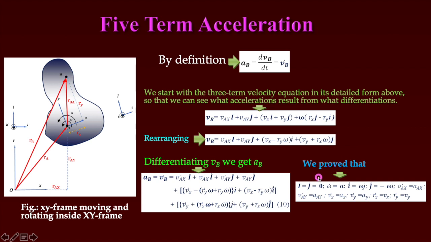Unit vector means magnitude is 1, only it has the direction. So what is the direction? Direction is fixed, as this reference system is fixed. So the magnitude and direction both are fixed here. So this i dot or di by dt is 0, as I is constant and J is constant, so differentiation of this is 0.